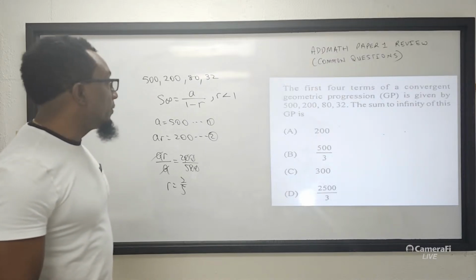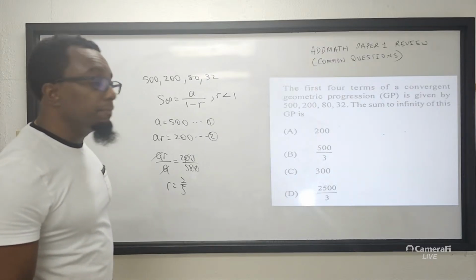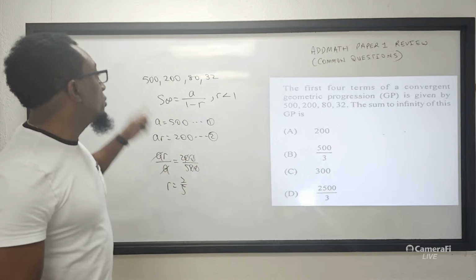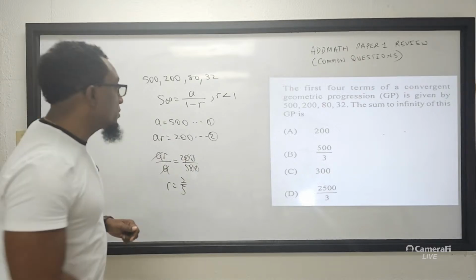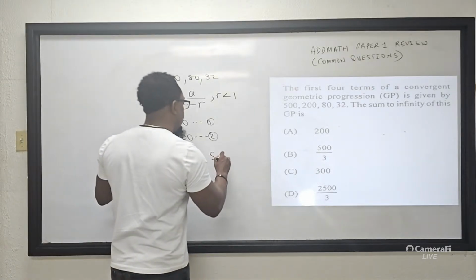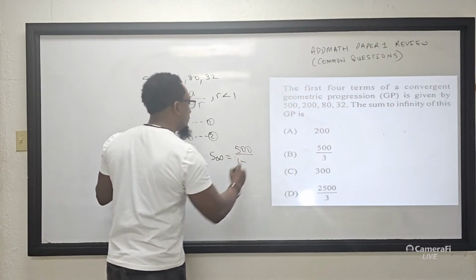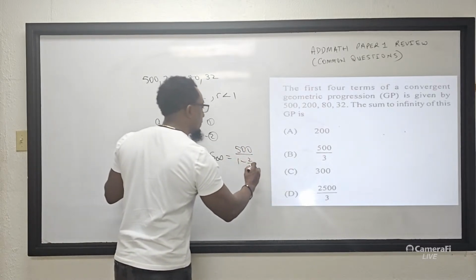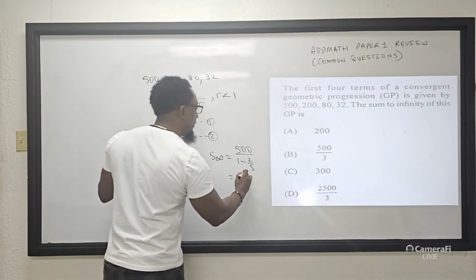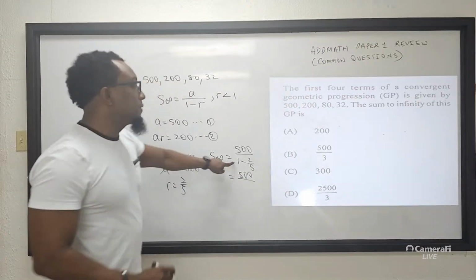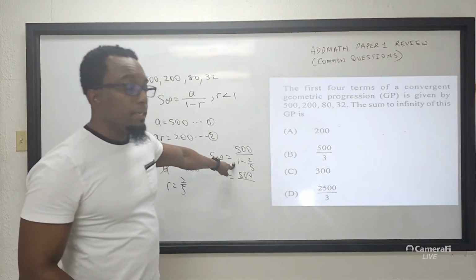So I know the common ratio is 2/5. And knowing what's the common ratio, I can now find the sum to infinity. Knowing my common ratio, my first term, let me get my sum to infinity. So the sum to infinity will be A, which is 500 over 1 minus 2/5. So this is 500. 1 is the same as 5 over 5 minus 2 over 5.